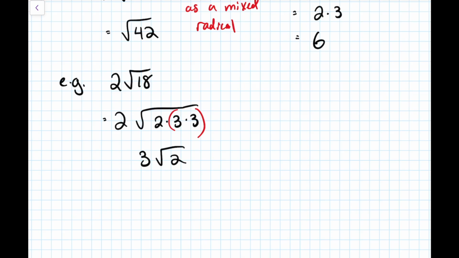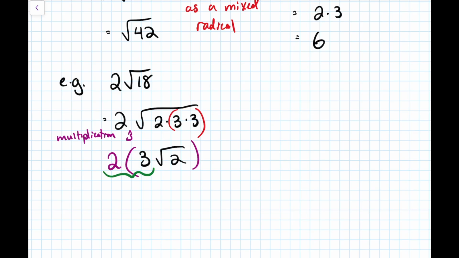But the thing to remember, 2 root whatever, this is multiplication. We talked about this earlier. So in here, this is a multiplication. So 2 times the root means we're doing 2 times that mixed radical that we just made. So that's 2 times 3 root 2. So we're just going to have to multiply. But you're only going to multiply the stuff on the outside.